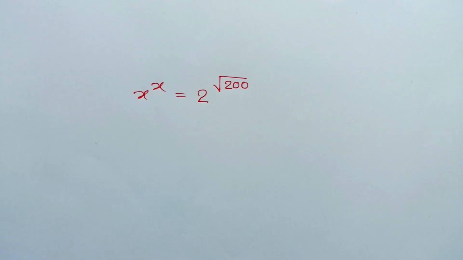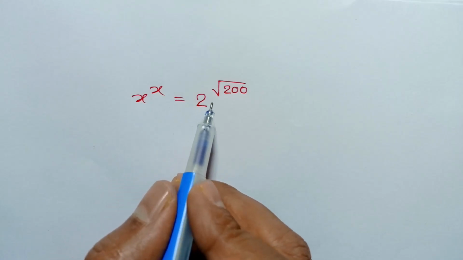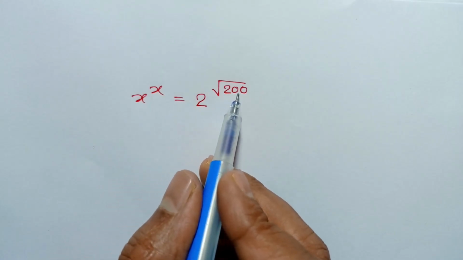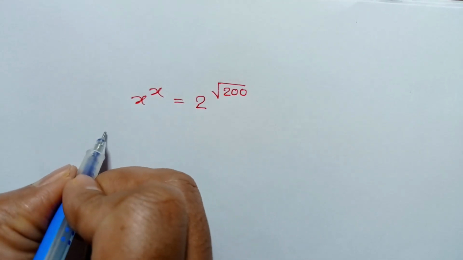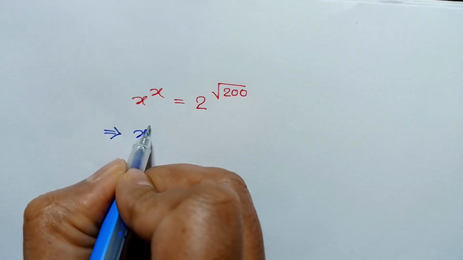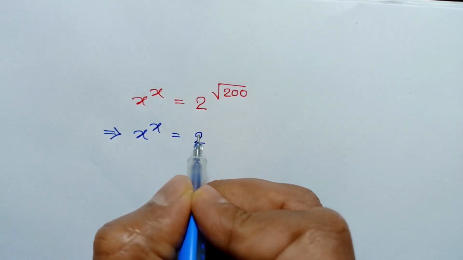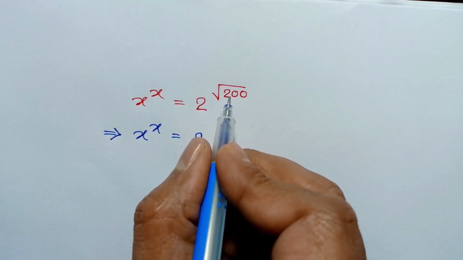Hi everyone, in this video I am going to show how to solve x to the power x is equal to 2 to the power square root of 200.